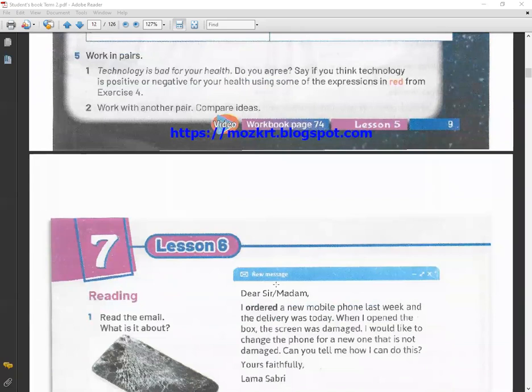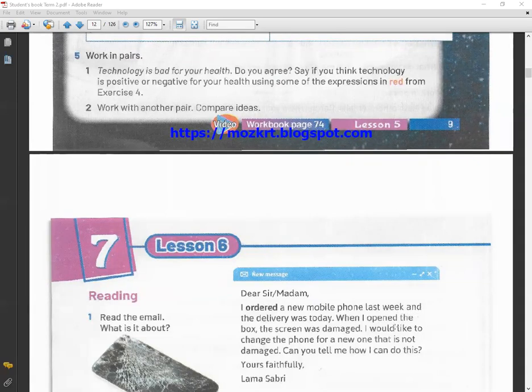The last lesson is about an email, but it's a formal email. In the formal email, we start our email with Dear Sir / Madam. We don't use any words of greeting. Just write about the topic itself. I ordered a new mobile phone last week and the delivery was today.